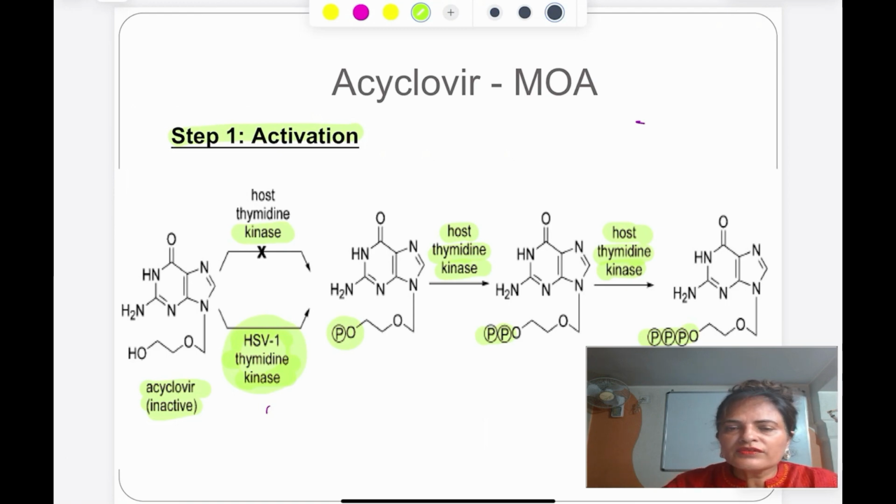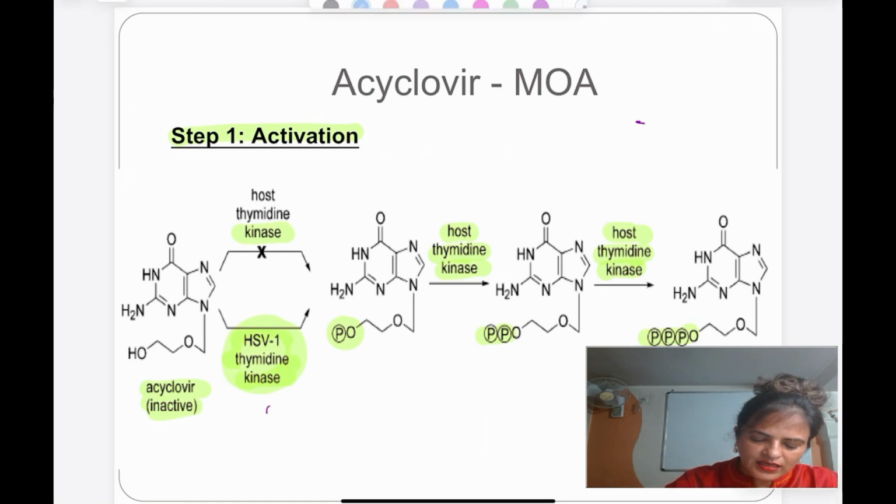Now the activation of acyclovir requires what? It requires a kinase. Which kinase does it need? It requires a virus specific kinase. So that means this drug acyclovir gets activated where?